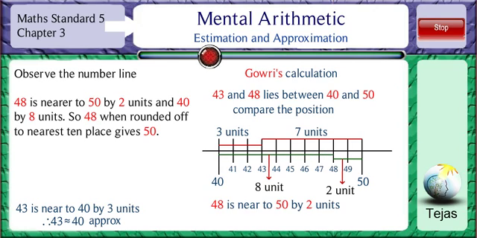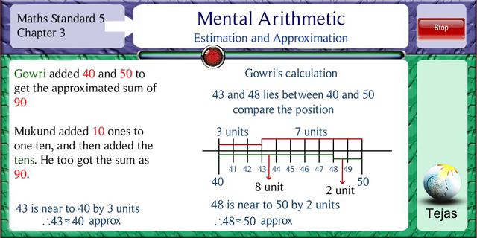So 48 is nearer to 50 and can be rounded off to the nearest tens place as 50. Gauri added 40 and 50 to get the approximated sum of 90. Mukund added 10 ones to 100 and then added the tens. He too got the sum as 90.